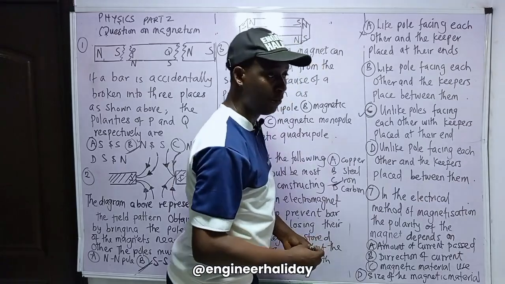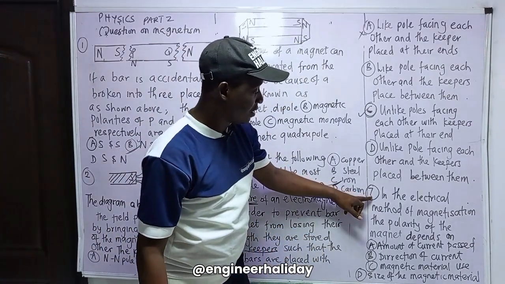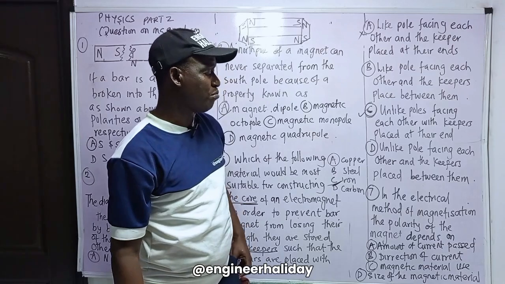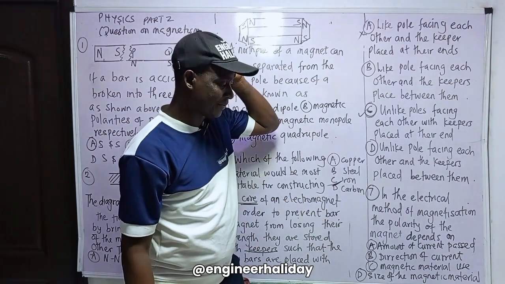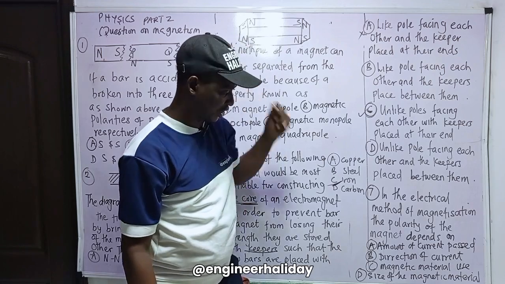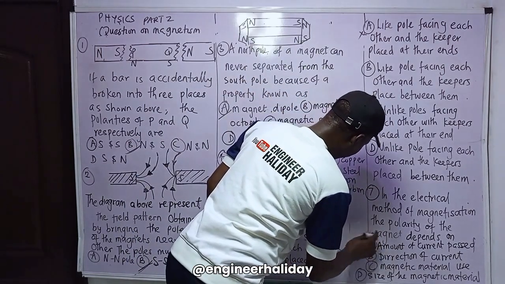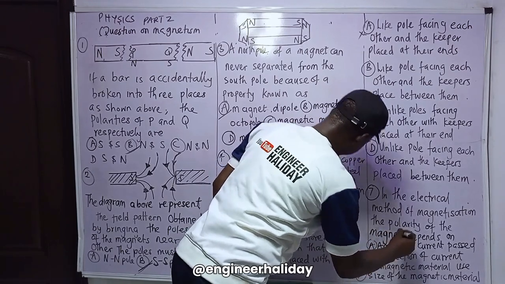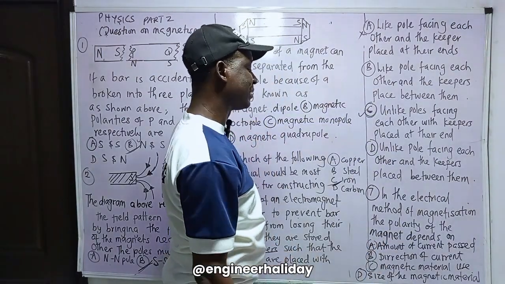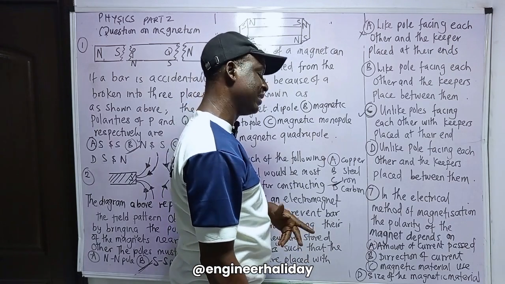So number 7 now, before we go to number 8. In the electrical method of magnetization, the polarity of the magnet depends on what? The polarity of a magnet depends on the direction of the current, not the amount of current that passes through, not the magnetic material, not the size of the magnet.